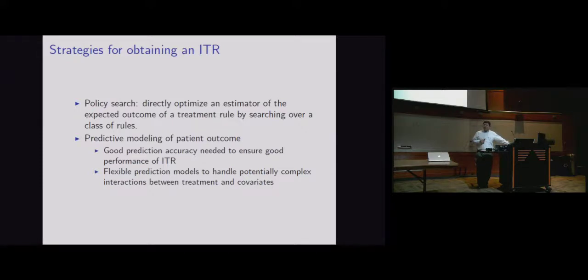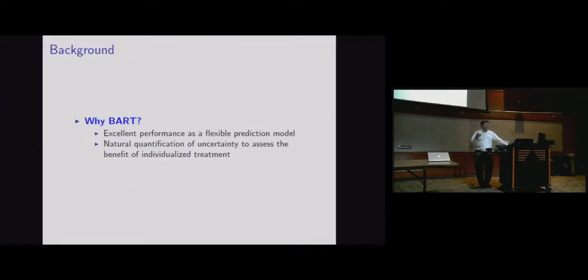One of the considerations with a direct predictive modeling approach is that you need good prediction accuracy in that model to get good performance of the ITR. And so this is where flexible prediction models to handle those potentially complex interactions or relationships between treatment and covariates can be useful.